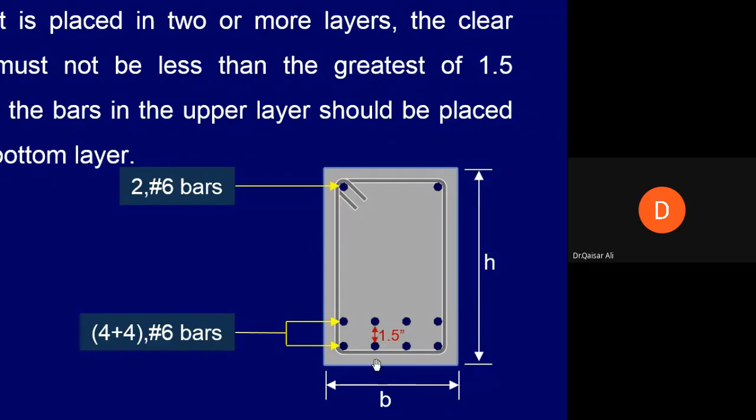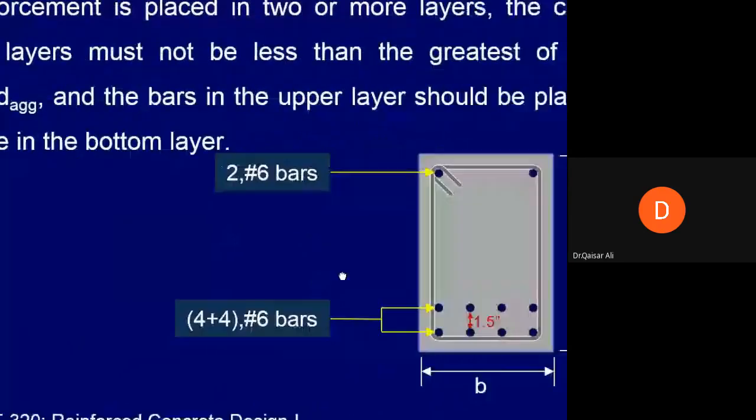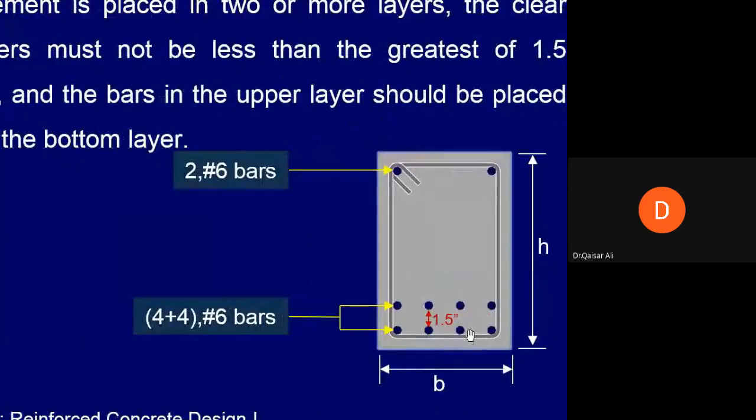The second requirement of the ACI code is that the bars in the upper layer should be placed exactly above those in the bottom layer. Exactly above means that, for example, if you need 4 plus 2 bars, 1 bar should be placed here, another bar should be placed here. If 7 bars are required, then 4 bars will be placed here and 3 bars in the second layer, but the third bar cannot be placed in the middle of these 2 bars in the second layer, nor on one side of the centroid.